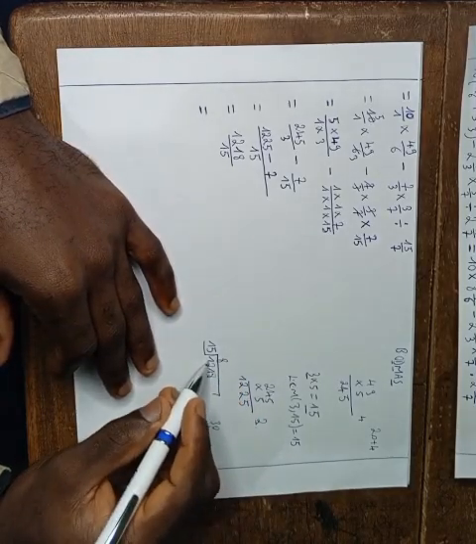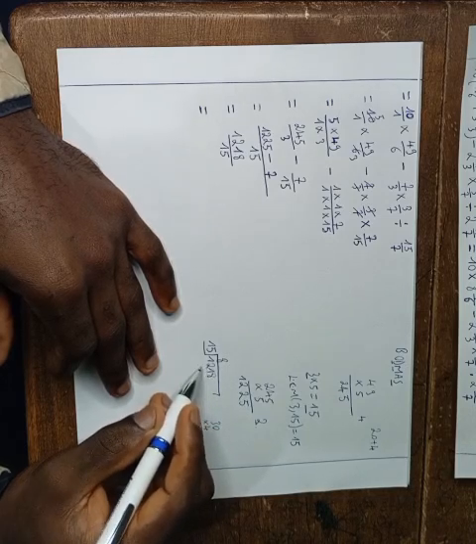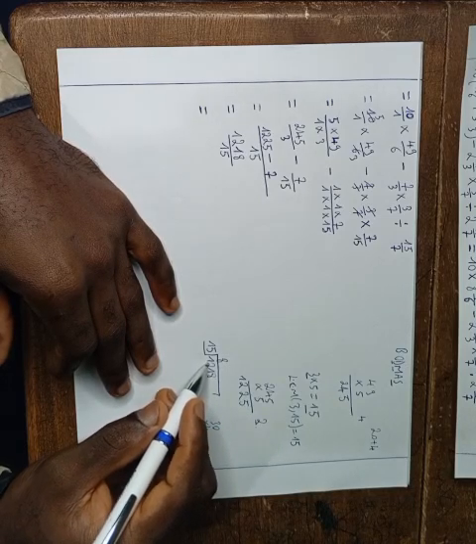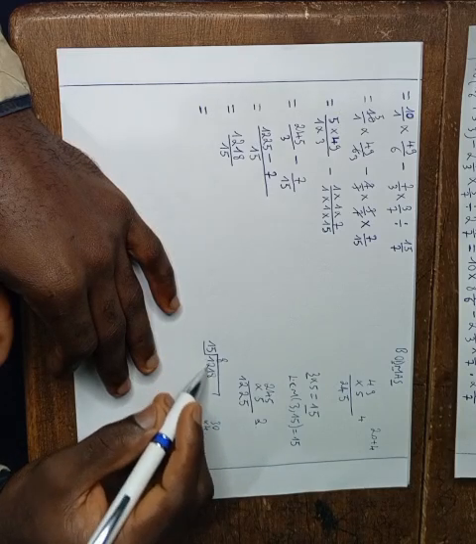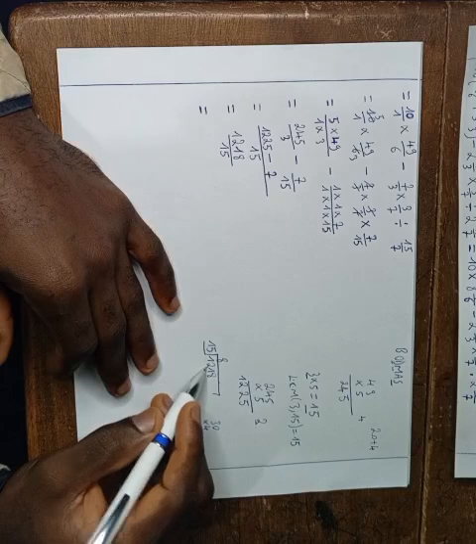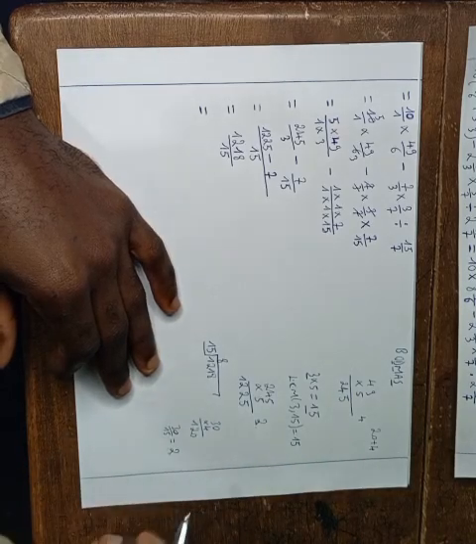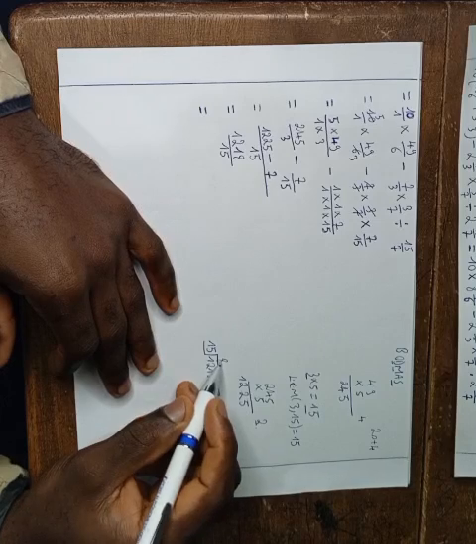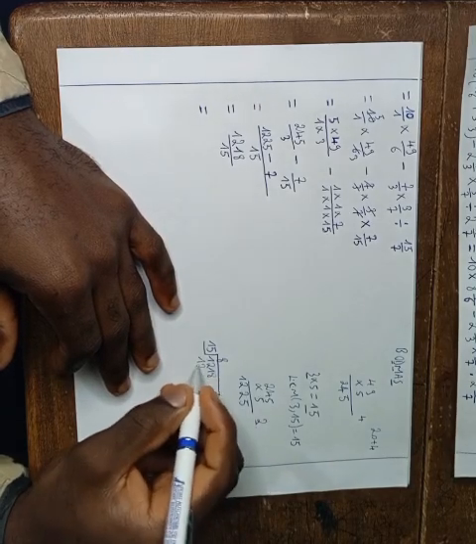Next, if we take 1 and 2, we are going to form the number 12. 12 is less than 15, so we need to attach 1 to it to form the number 121. 121 divided by 15 will give us 8, remainder 1. But we are not interested in the remainder, so we are going to write down just the whole number part, which is 8. 8 times 15 gives us 120.